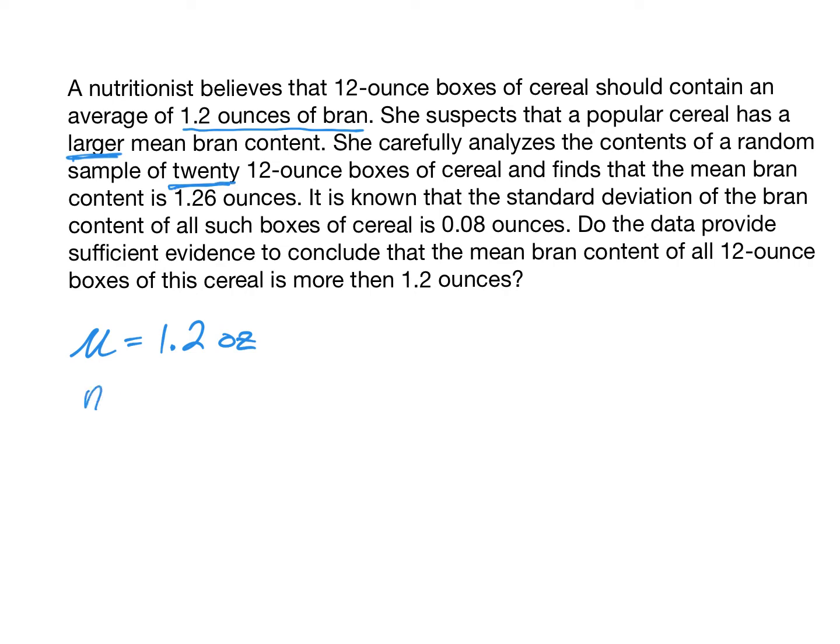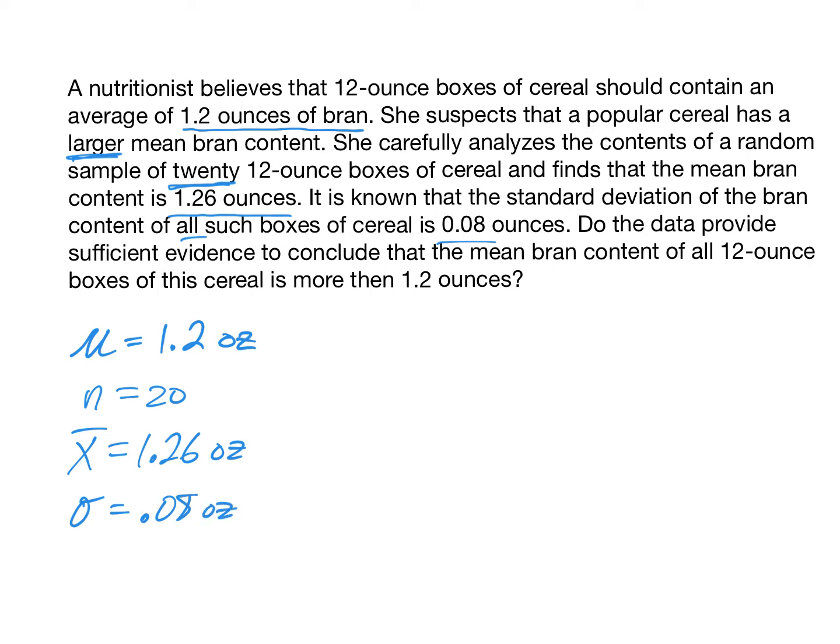So now we know n is 20. And finds that the mean bran content is 1.26 ounces. That's our x bar, 1.26 ounces. As you can see, it is a little bit larger. It is known that the standard deviation of bran content of all such boxes is 0.08. So that is our population standard deviation, 0.08.